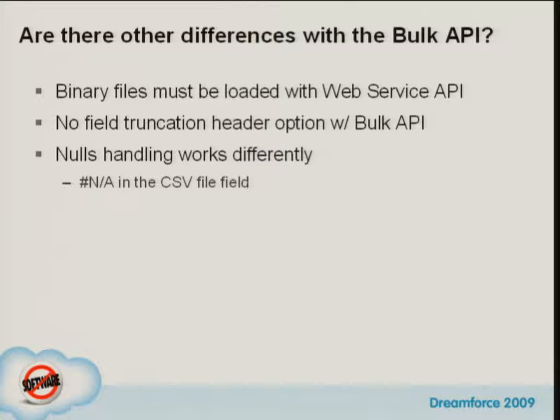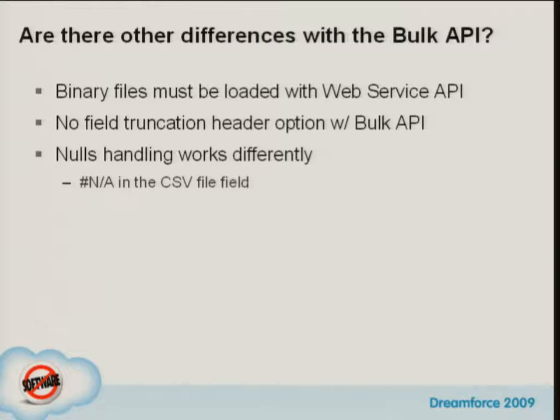A big question that often comes up is, I said the save logic is the same, all of the side effects and workflow triggers are the same, but are there differences? Are there things I can do in the Bulk API that I can't do in the standard web API? Obviously the main thing you can do with the Bulk API is efficiently insert or update millions of records into the system.